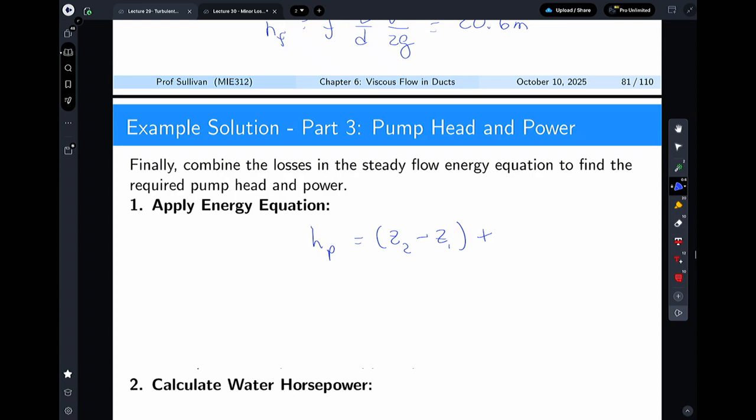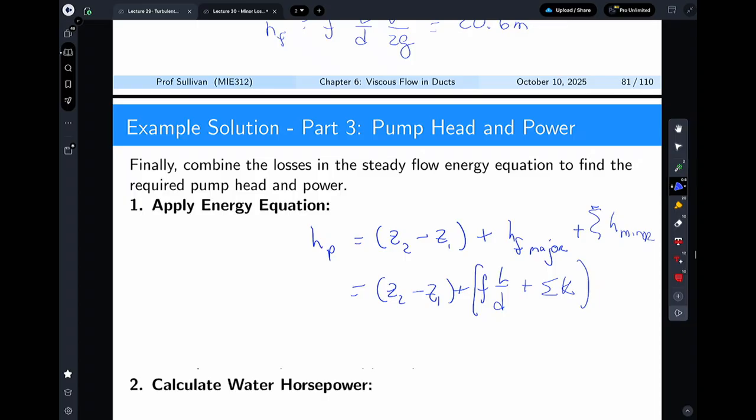So Z2 minus Z1, hf major plus the minor losses. I want to make sure I got the right number, 13.4.